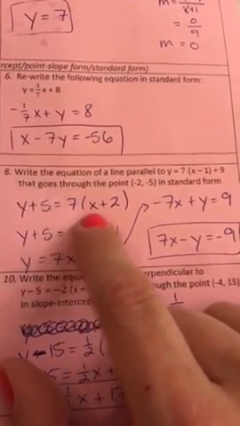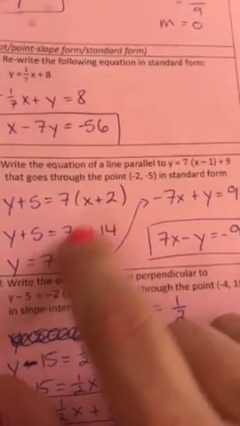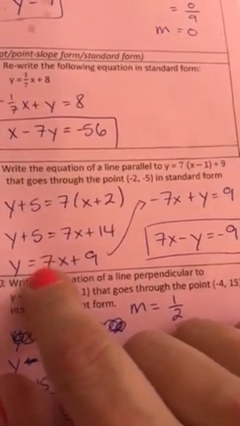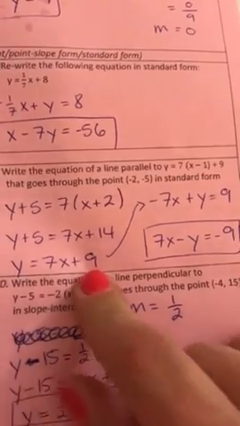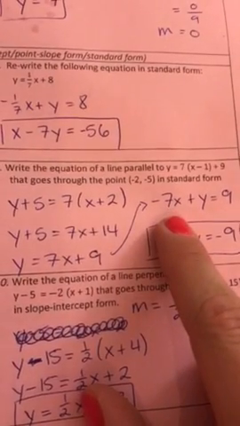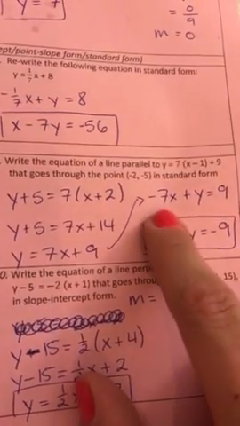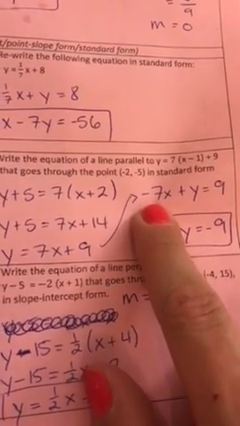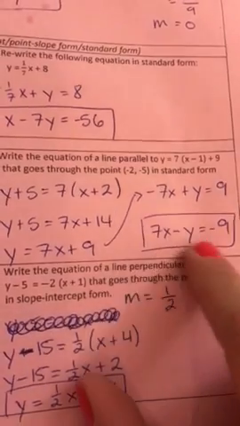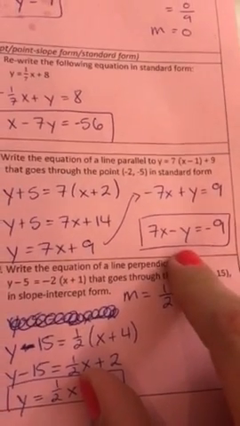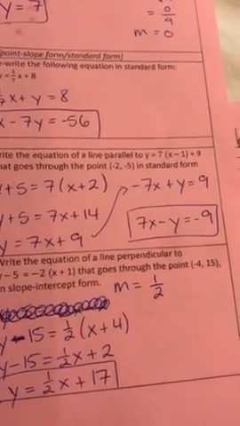I simplify by distributing the 7 to everything inside the parentheses. Then I subtract 5 from both sides. Then I'm going to move the x to the other side of the equal sign, so x and y are on the same side, but that leaves me with a -7. I need to deal with that negative to be properly in standard form, so that my answer is 7x minus y equals -9.